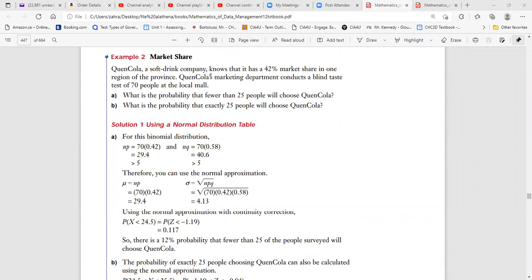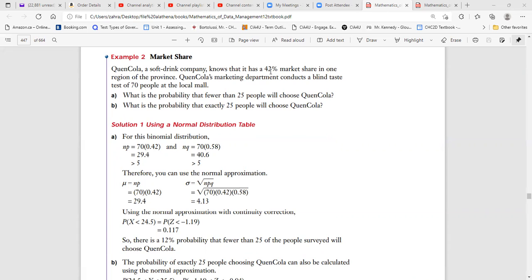Next question. Coca-Cola, a soft drink company, knows that it has a 42% market share in one region of the province. Its marketing department conducts a blind test of 70 people at a local mall. 70 is your N. What is the probability that fewer than 25 people will choose Coca-Cola? So X is less than 25. Since 25 is included, we say the probability of X is less than 24.5.